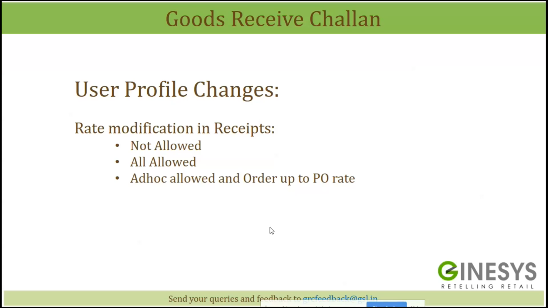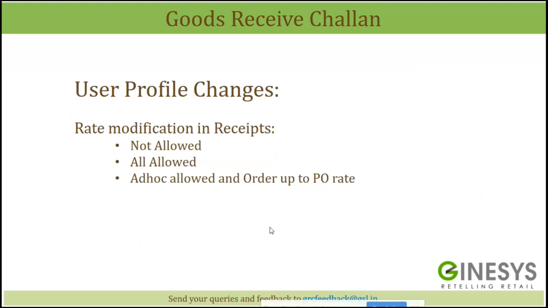Another option we are providing over here is ad hoc allowed, but purchase order modification of rate can be done only up to the order rate. That means for ad hoc items, user can increase or decrease the rate as per requirement, but for order items, the operator can only reduce the rate from the order rate specified.